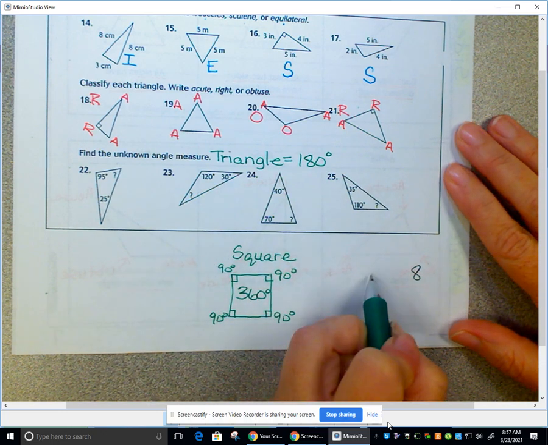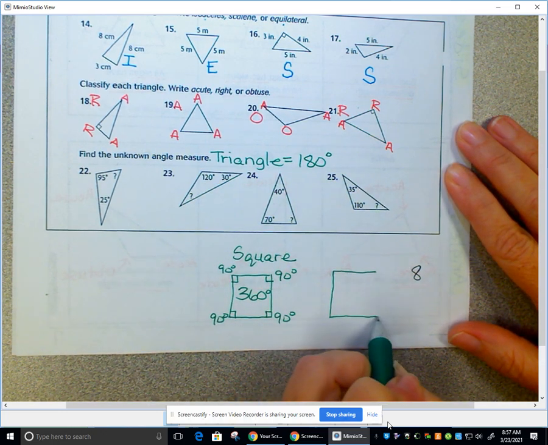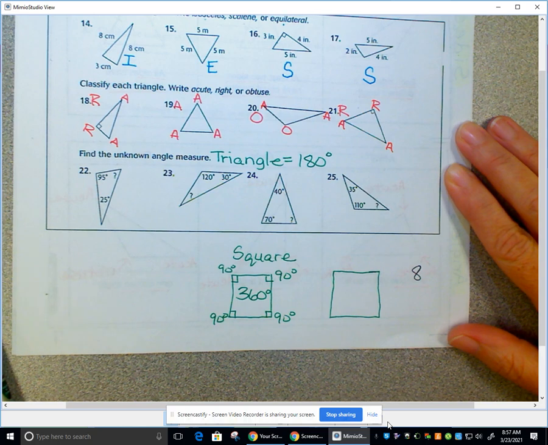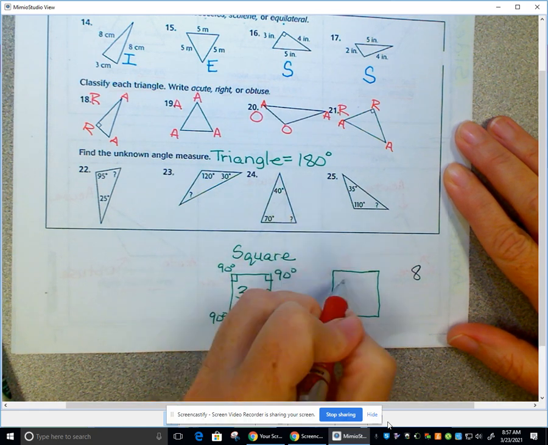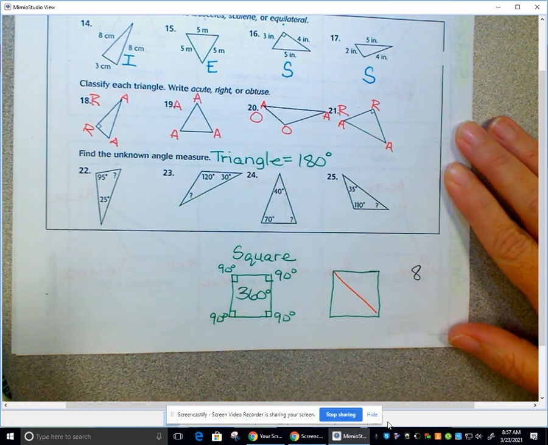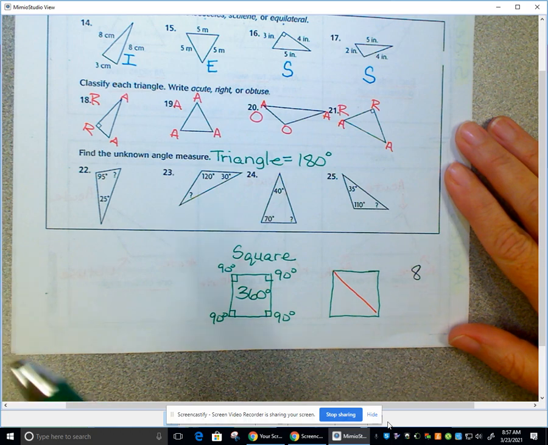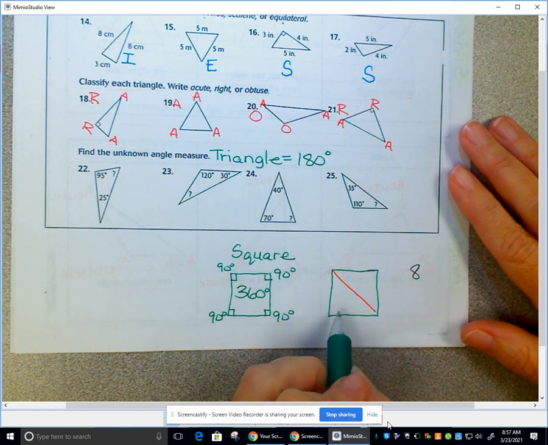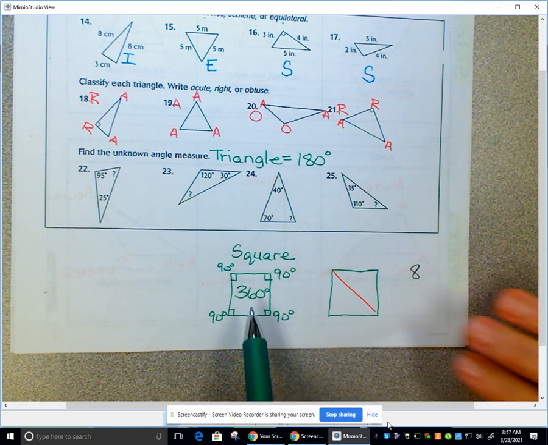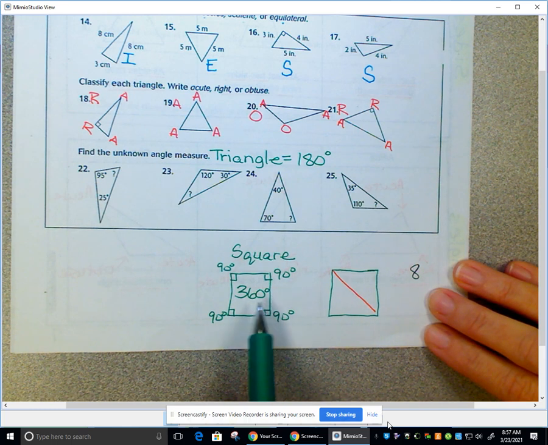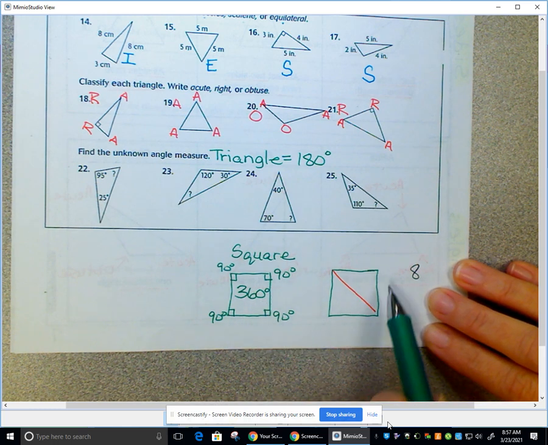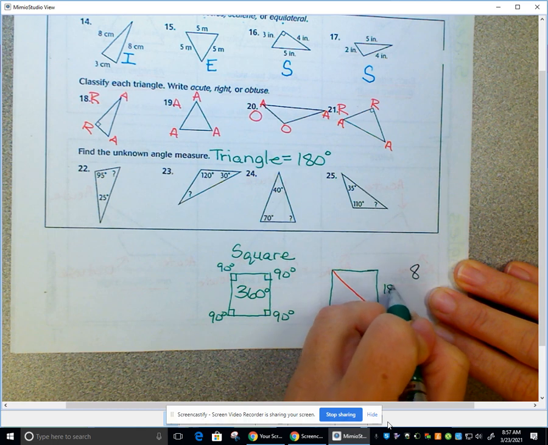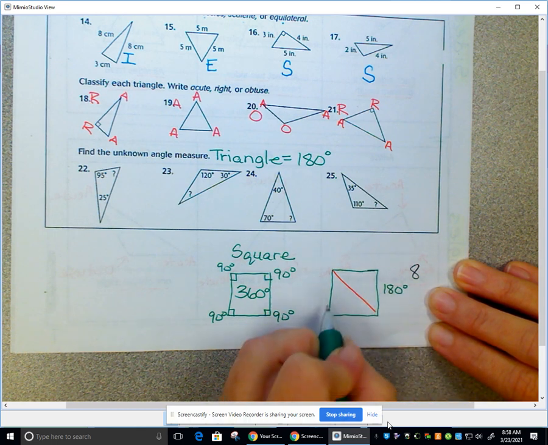So let's come over here and draw this square again. And this time I'll draw a diagonal. And so see, if a whole square is 360, when I cut it in half, this side would be 180 degrees, and this side would be 180 degrees.